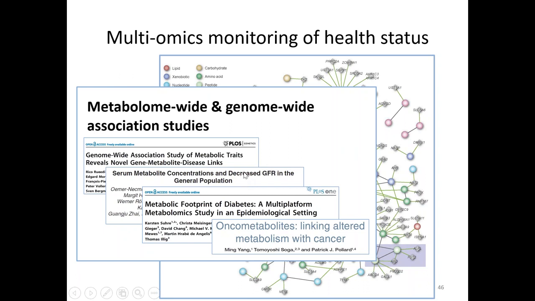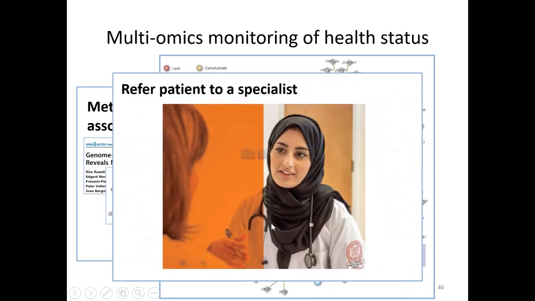So I would refer him to a nephrologist and say, tell your nephrologist to look deeper into your kidney. And the same thing if there were oncometabolites, I would rather send him to an oncologist to check whether he might have a hidden cancer lump somewhere. And then the idea is to refer that patient further to a specialist who would then take charge of it.